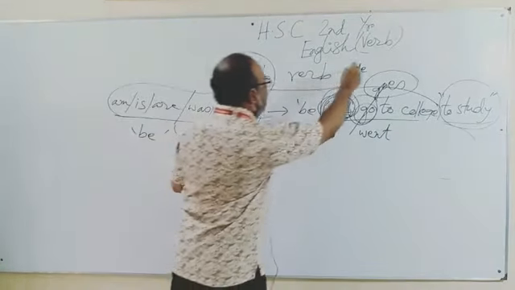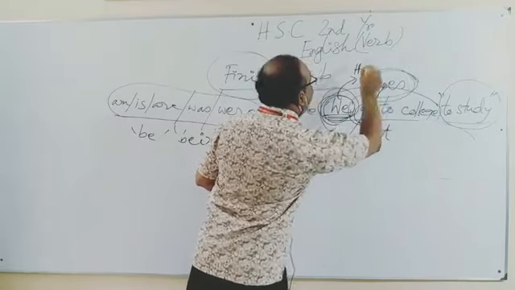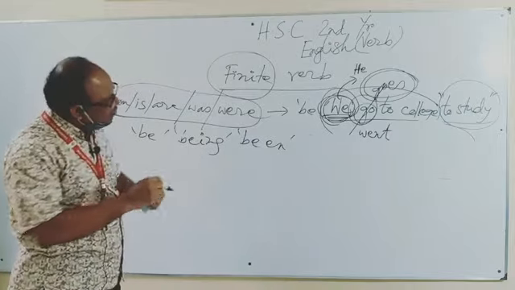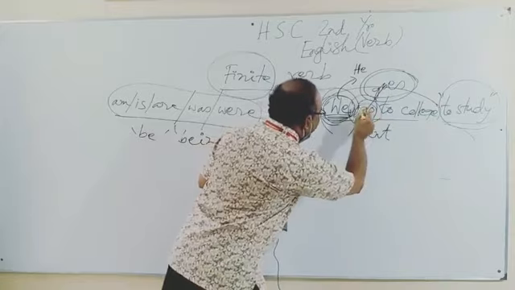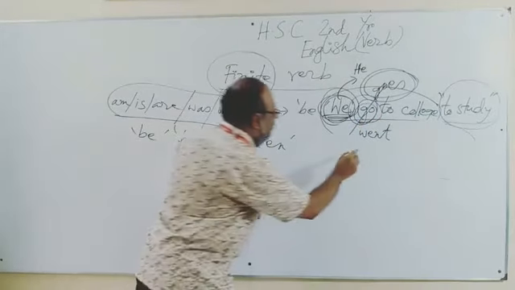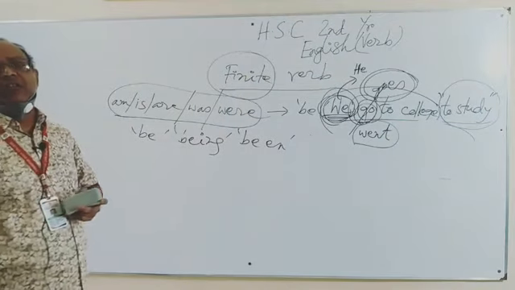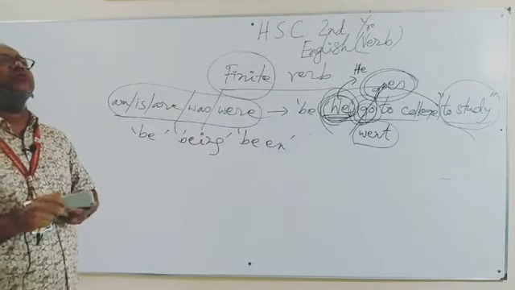Now we have changed it into he, and we have seen that the finite verb changes into goes. And if we want to change the tense, we have seen the verb also changed into went. So this is the example of finite verb. That is, we can define finite verb in two ways.